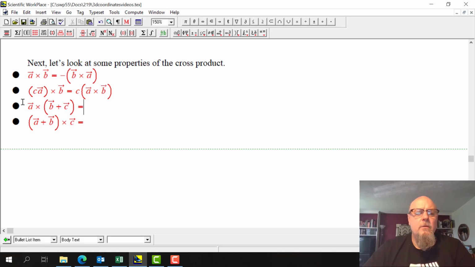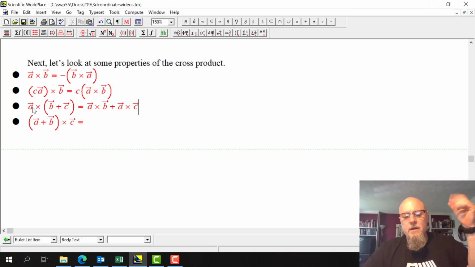What about a vector cross product to a sum? This is going to work like you think it works. That's going to be equal to A cross B plus A cross C. Got to keep the order the same. And again, we could prove that component-wise if we want to, but it works like I think it does. Now, what's the difference between these two? Well, this is cross-producting from coming in from the right-hand side.